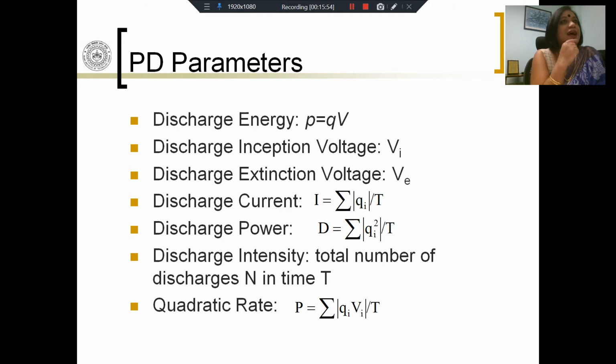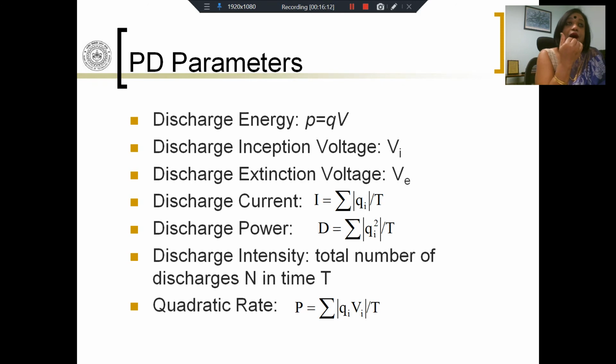And therefore, this is exactly what will happen. Once you see a steady pulse, you have the PD inception voltage. Now, if you increase the voltage further, you do not see a corresponding increase in the magnitude of the discharge. What you see is an increase in the number of pulses per cycle.